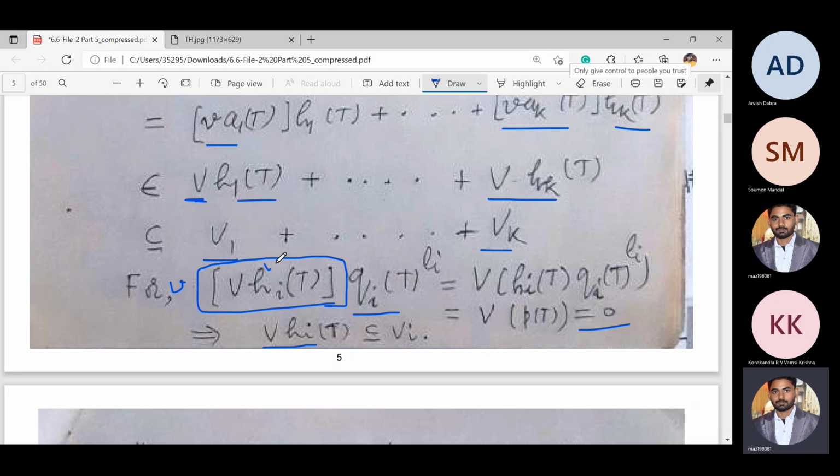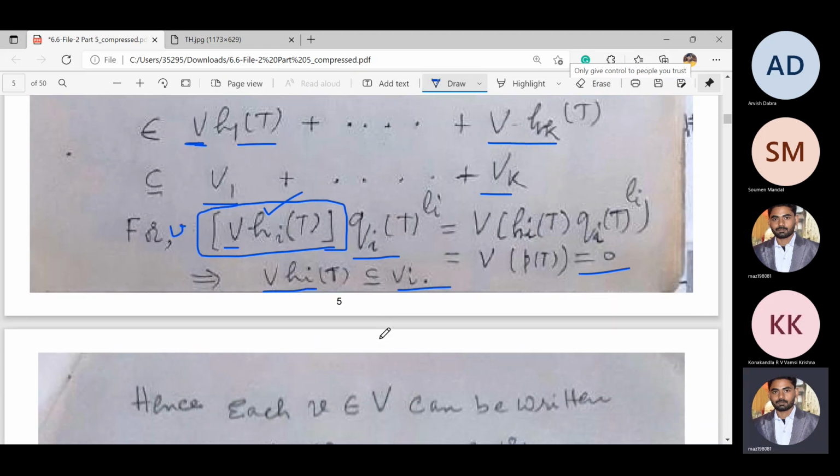This means this vector belongs to Vi. If you take one element, it belongs to Vi, and if you take the whole vector space, then it is a subset of Vi.